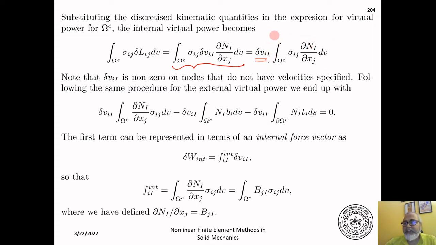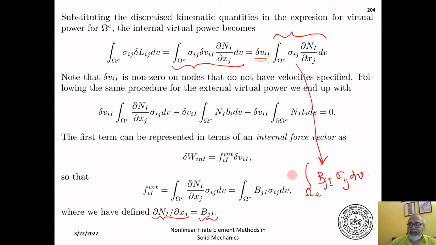Now this whole thing, we can further define a quantity del N I del xj. So the spatial derivatives of N, we can define a new quantity BjI. So we can replace this by the integral of BjI sigma ij dv times delta vIi.